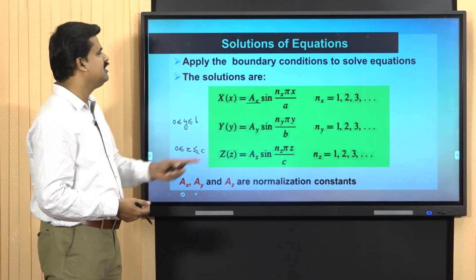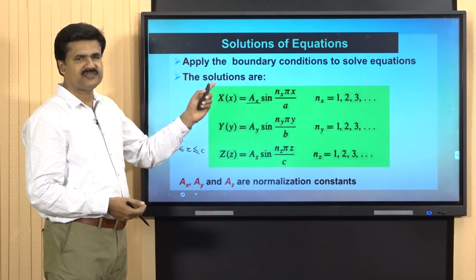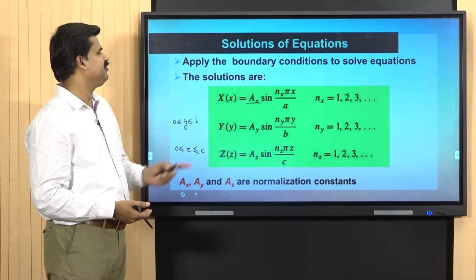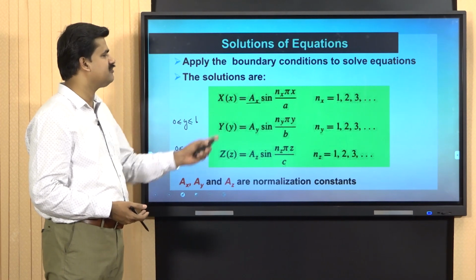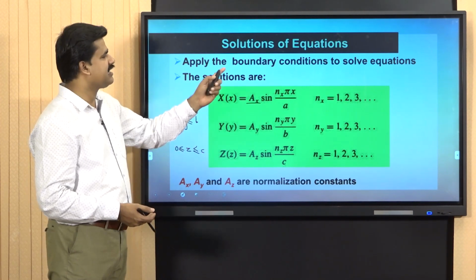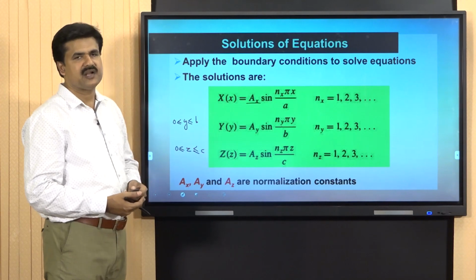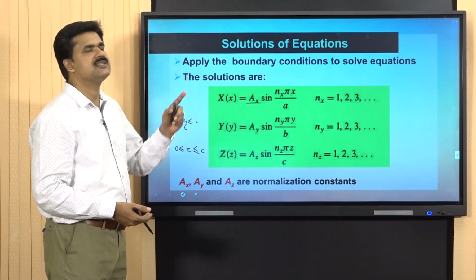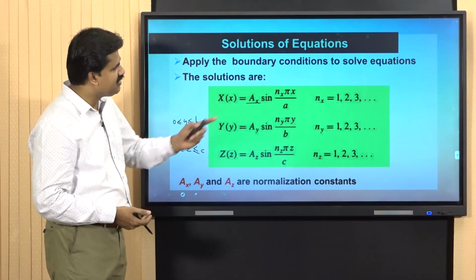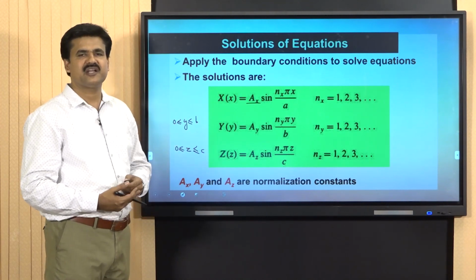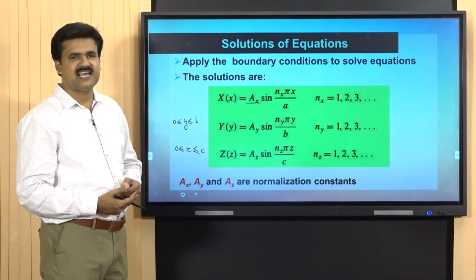This is about the three solutions of the three one-variable equations. X of x, Y of y, and Z of z values are like this. Here in these three equations, we have three quantum numbers, namely nx, the quantum number along x direction, and ny and nz, respectively the quantum numbers along y and z directions.